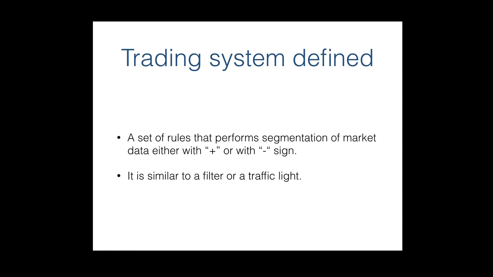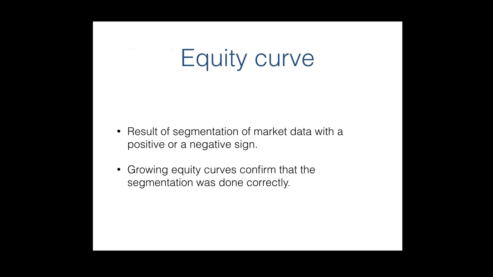If the market goes down, it just passes market data with an opposite sign, turning negative into positive. And in case a system is not able to decide about the direction, it simply doesn't pass data through. Of course, it's a very simplified model, but its key feature is clearly understandable in this example. A trading system performs a segmentation of price data according to the trading algorithm, which in turn should be based on a trading idea.